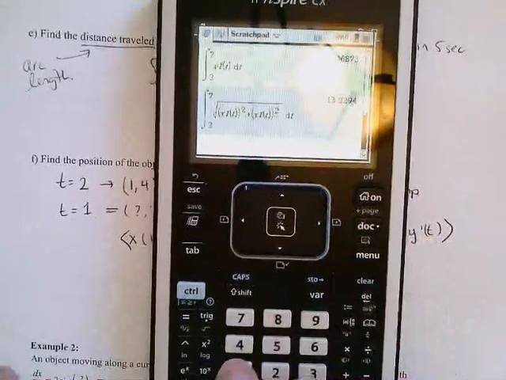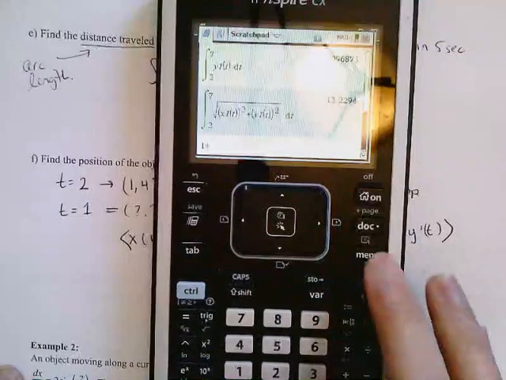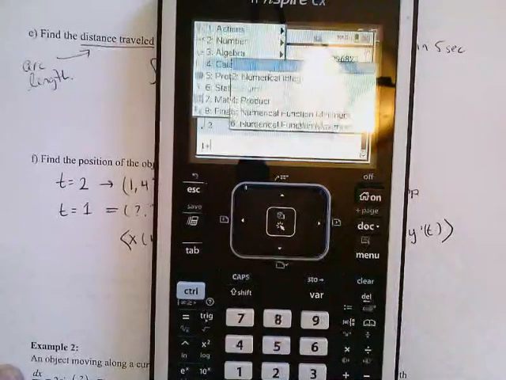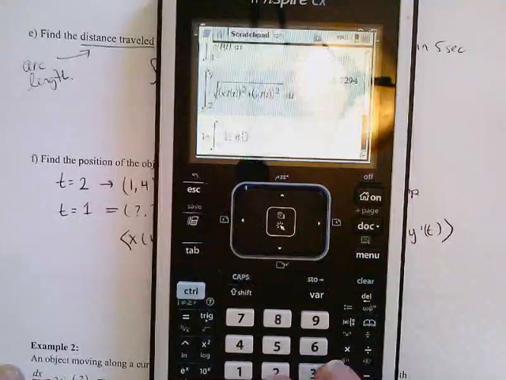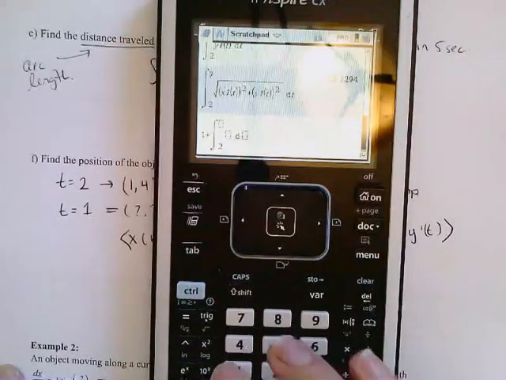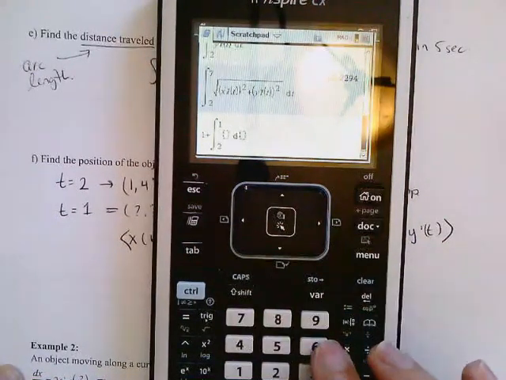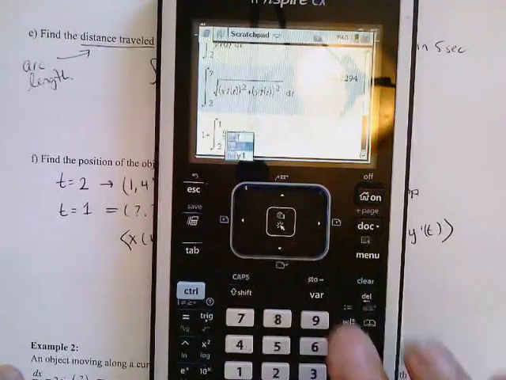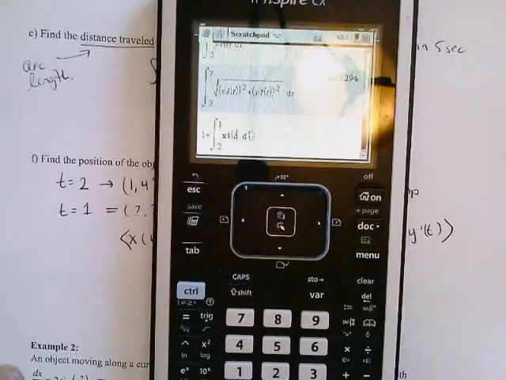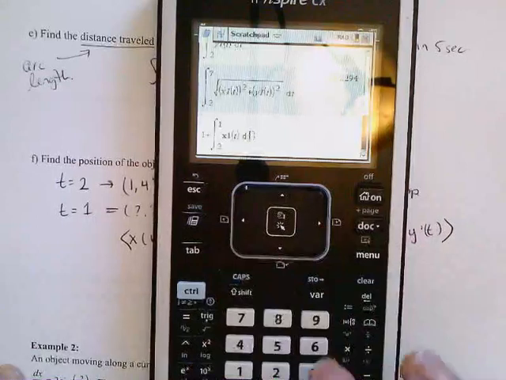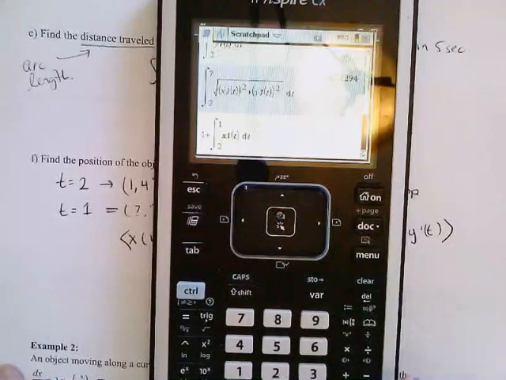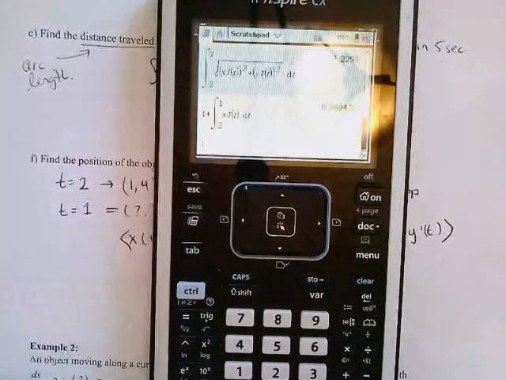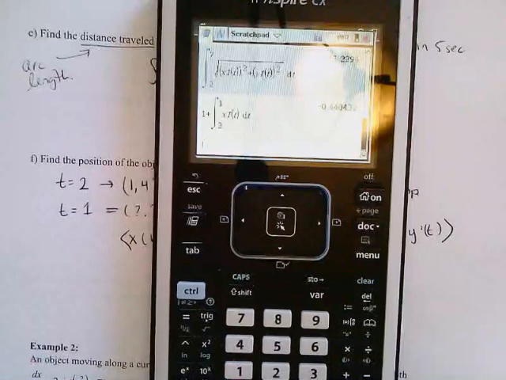So I'm going to go 1 plus the integral from 2 to 1 of my velocity function, t dt. Okay, so that's my x component.